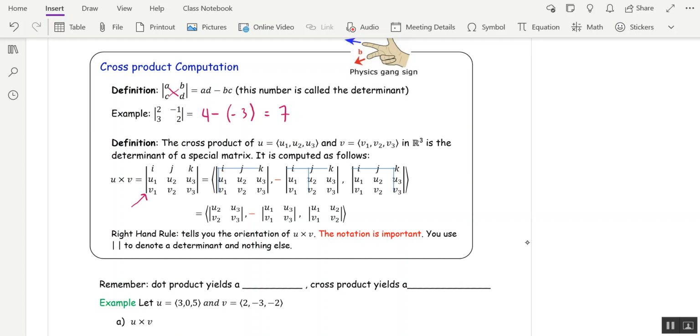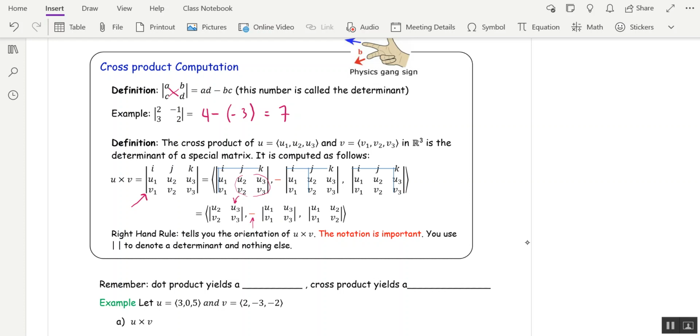Then to compute the cross product in terms of what we have above, you are going to cross out top row, first column, and take the determinant of the four numbers that are left. Then for the middle entry, it's always negative, so there's an extra negative sign.